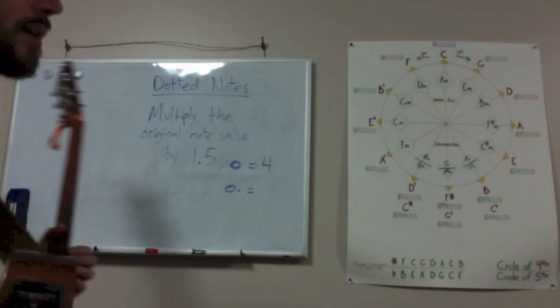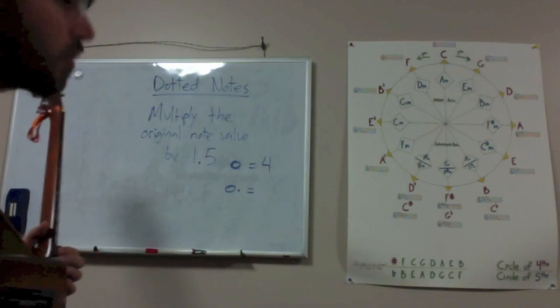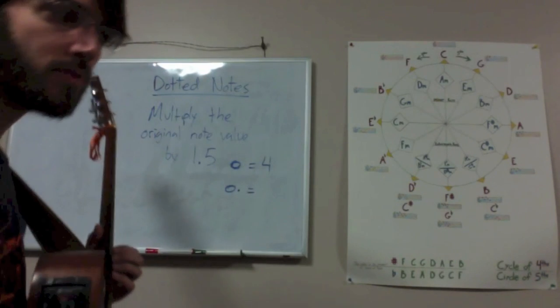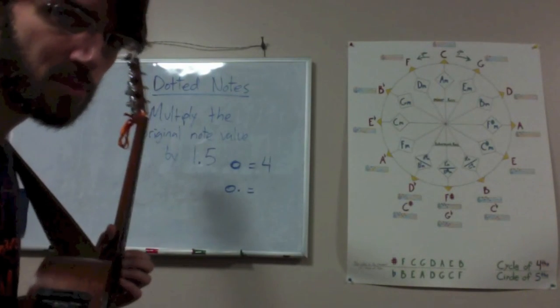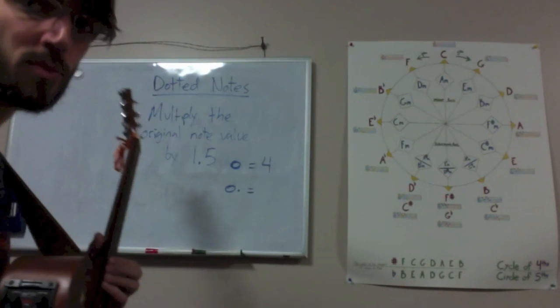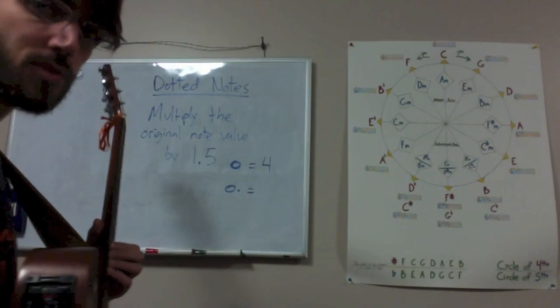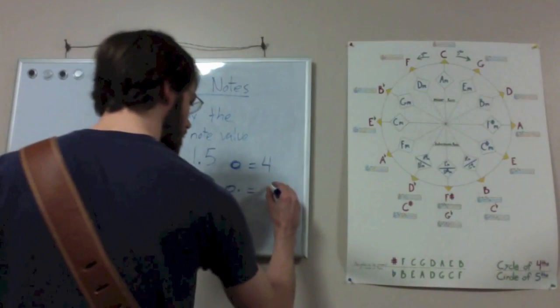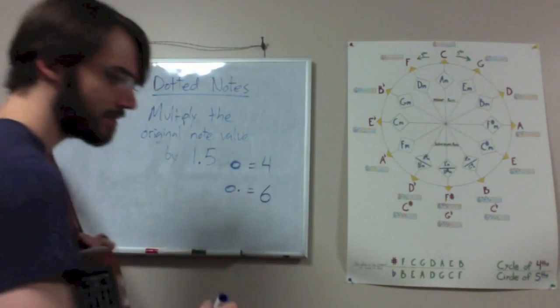What is 4 times 1.5? Well, it's short enough that you could just add them if you want. 1.5 plus 1.5 plus 1.5 plus 1.5 would give you 6. 1.5 plus 1.5 is 3, and 3 and 3 is 6. So a dotted whole note takes up 6 beats.